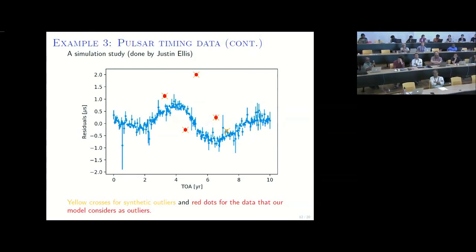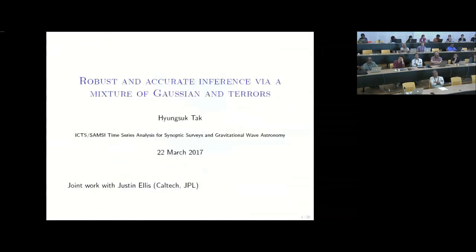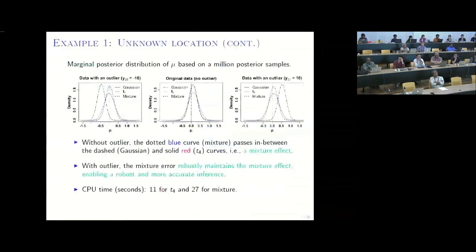Oh, you mean bias in one direction? I think I tested that in the first example. So this is just a one-way outlier.